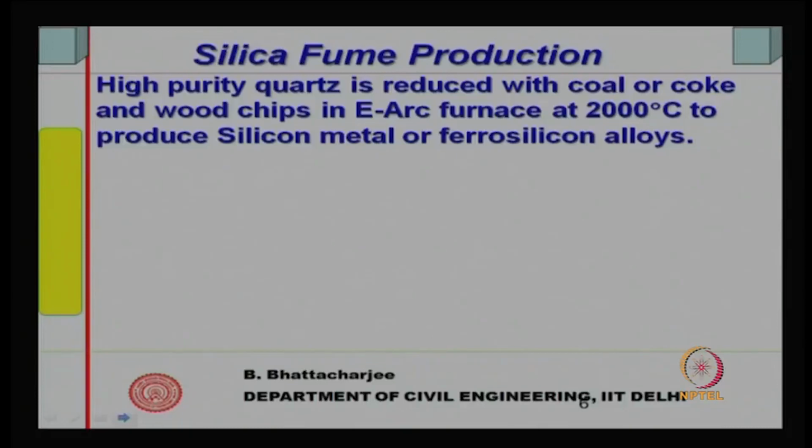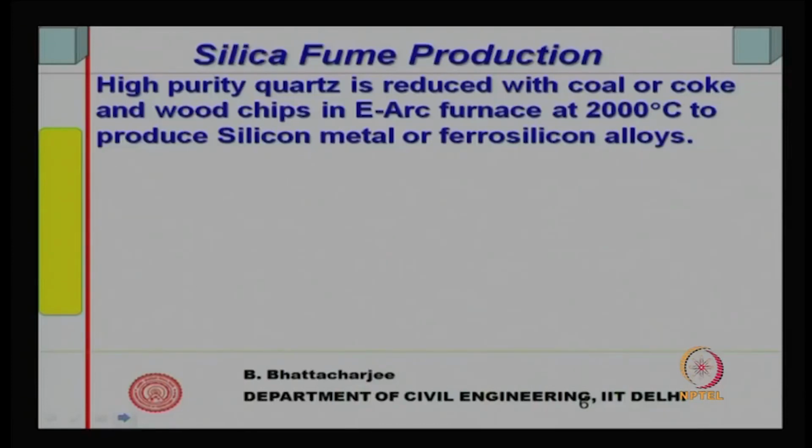If we look at the next one, another mineral admixture material is silica fume. So, fly ash is one of the mineral admixtures, silica fume is another. Now, silica fume is produced in the silicon industry.